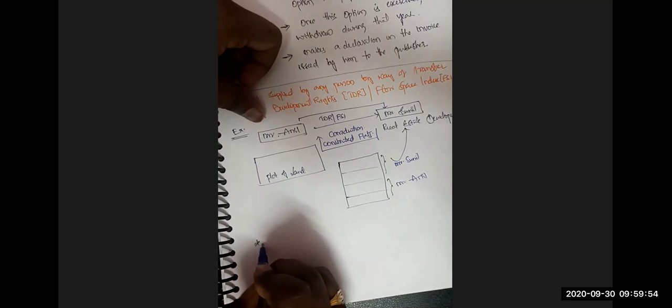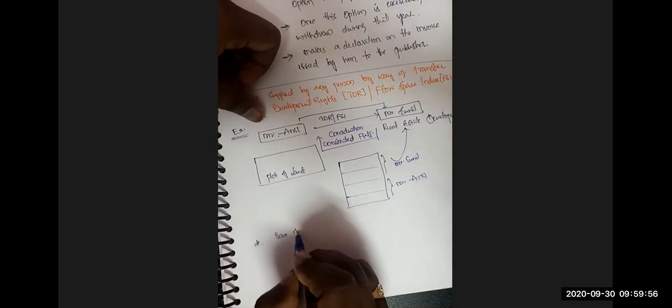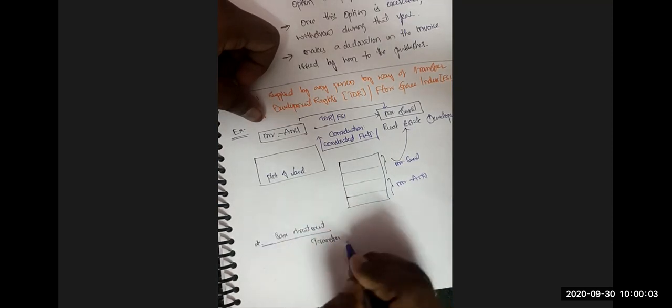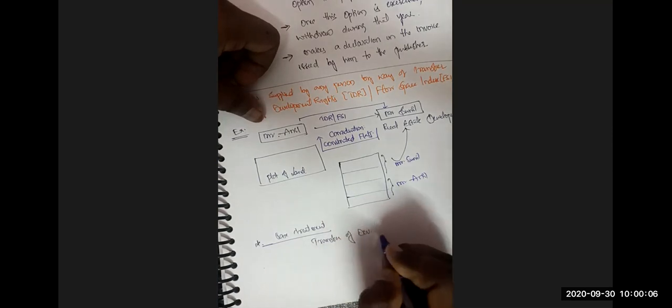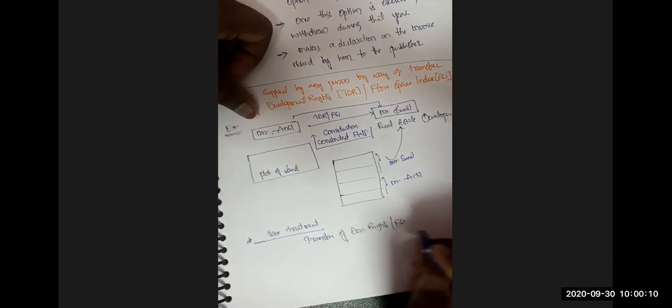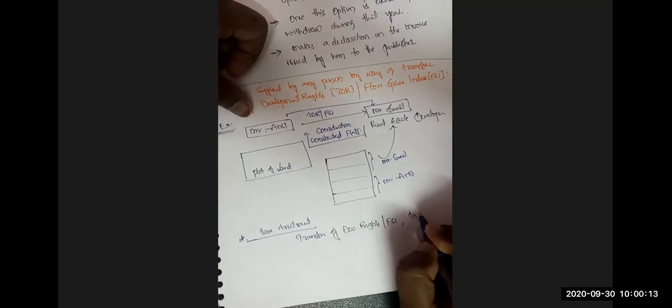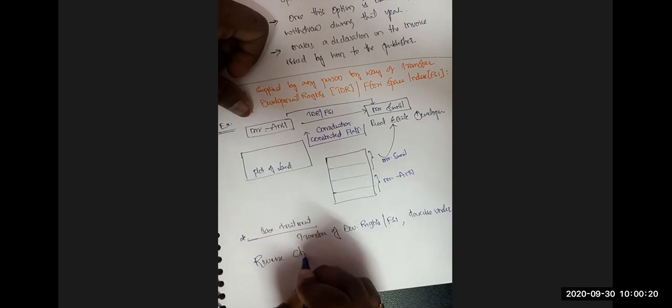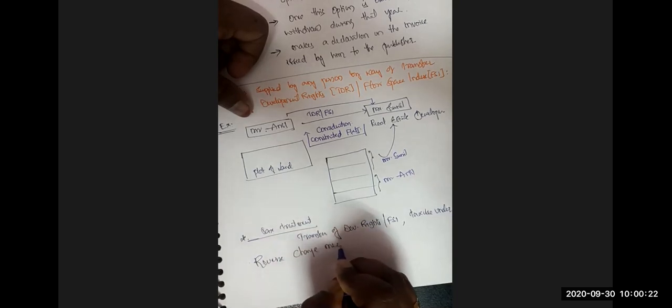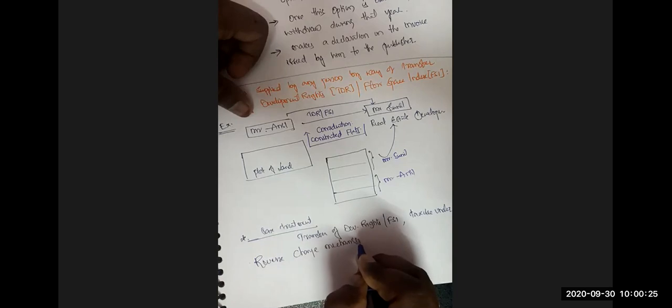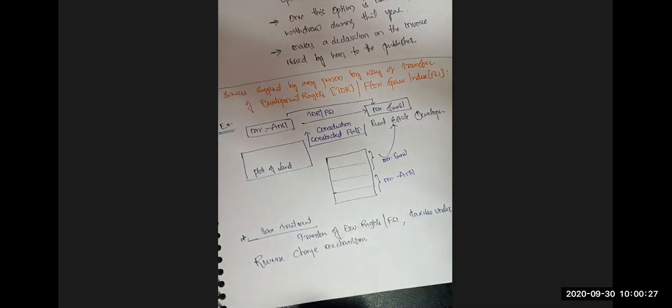Now, when it comes to the tax treatment, transfer of development rights, floor space index, is taxable under the reverse charge mechanism.